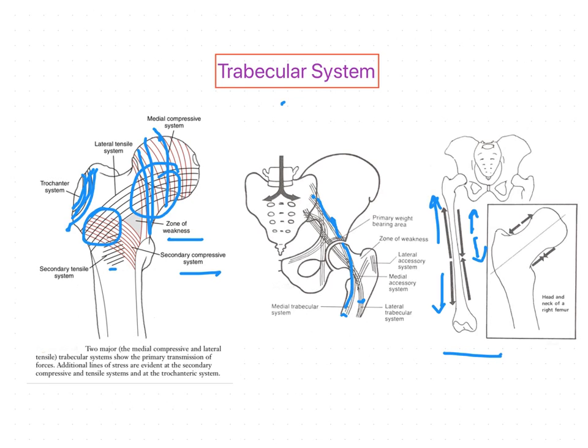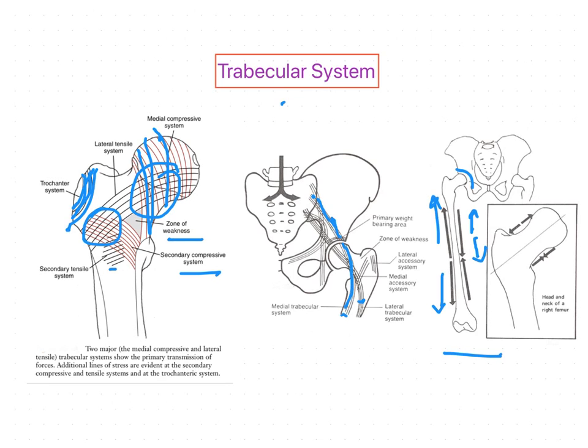There are some studies regarding this trabecular system to know where the primary weight bearing surface of the acetabulum is present and when it is having peak responses. In that study, the primary weight bearing surface of the acetabulum is the dome of the acetabulum.